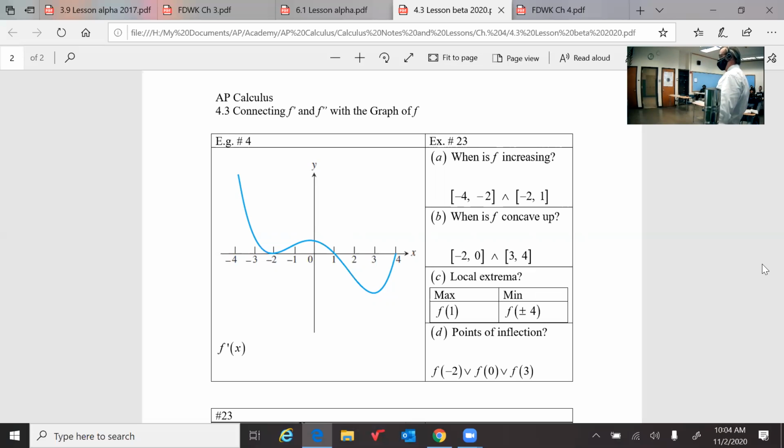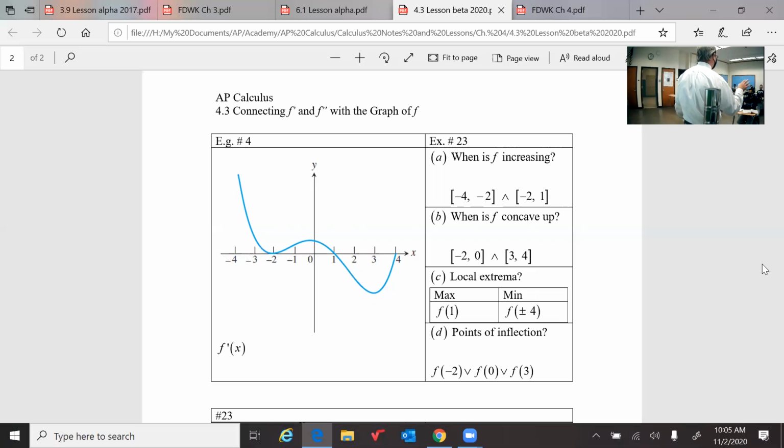Points of inflection. Where are the points of inflection? I got to think about, what does the picture of this derivative look like? You've got on the first derivative, you've got a local min, a local max, a local min, which is saying that you have a sign change there with the derivative of that.